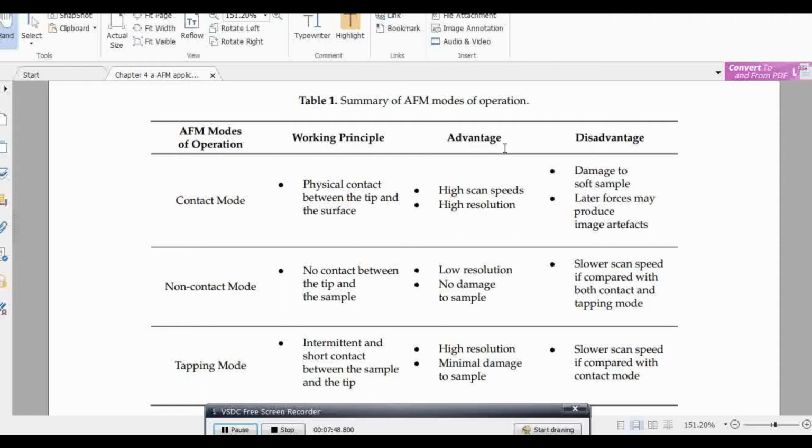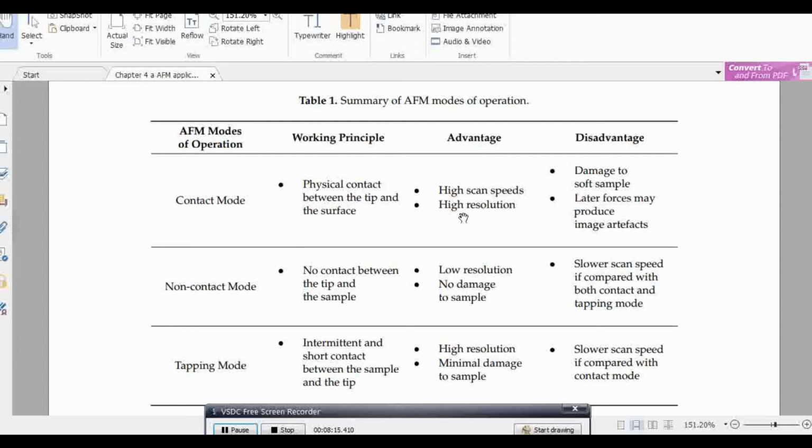Each of the methods that we mentioned has its own advantages and disadvantages. So for example, contact mode: the working principle is a physical contact between the tip and the surface. That means, obviously, the name is contact mode, right? So you will have contact with the samples.